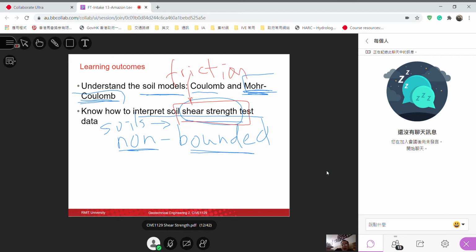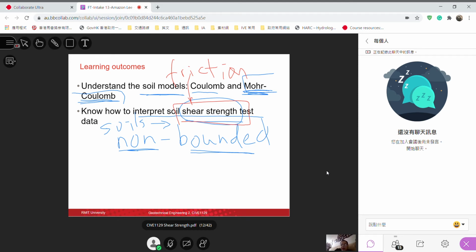Okay, because soil is made of individual soil particles. If we don't have confining pressure, no pressure applied to it, soil is basically very loose. It doesn't have much strength.